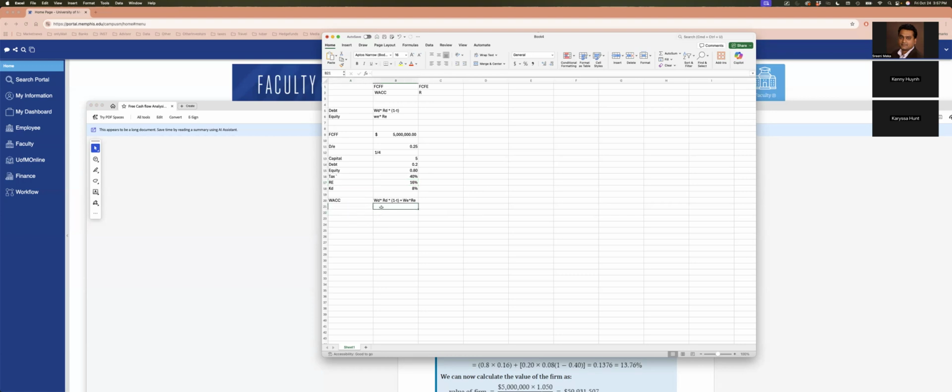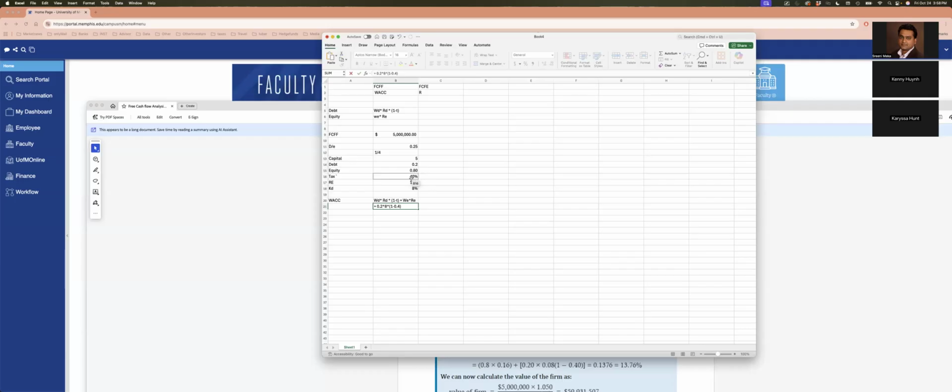Okay, now let's calculate the WACC. What is the weight of the debt? 0.2, am I correct? 0.2 times RD, the cost of debt, which is 8%, times 1 minus T, where the tax rate is 40%, so 0.4.